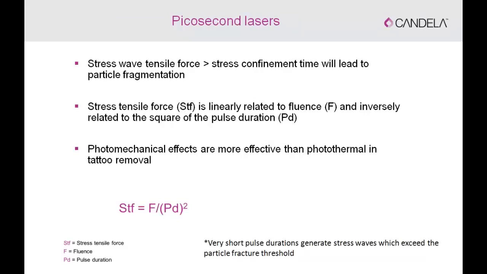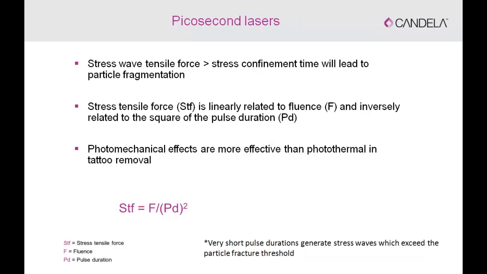And the stress tensile force here is linearly related to the fluence and inversely related to the square of the pulse duration, which means that by simply shortening the pulse duration, you will have a much higher stress wave tensile force than by having a fixed pulse duration and increasing fluence. Because this was the principle that we had when we were using nanoseconds.